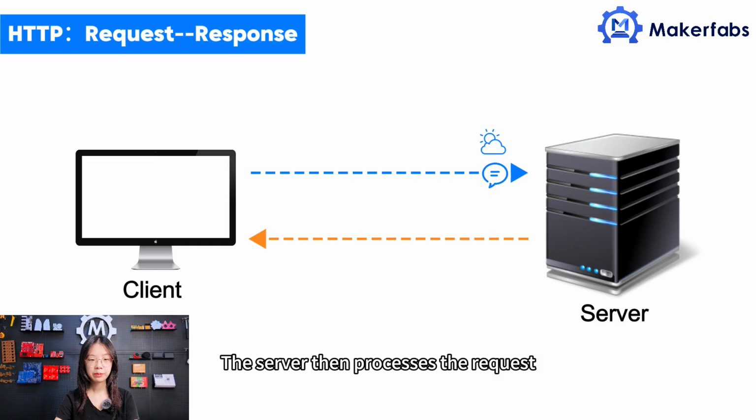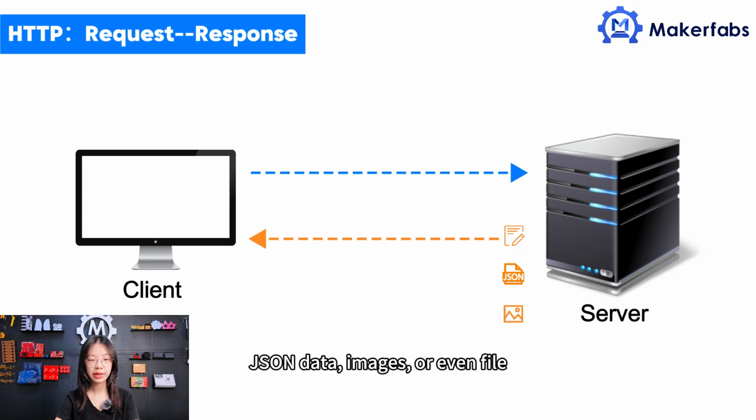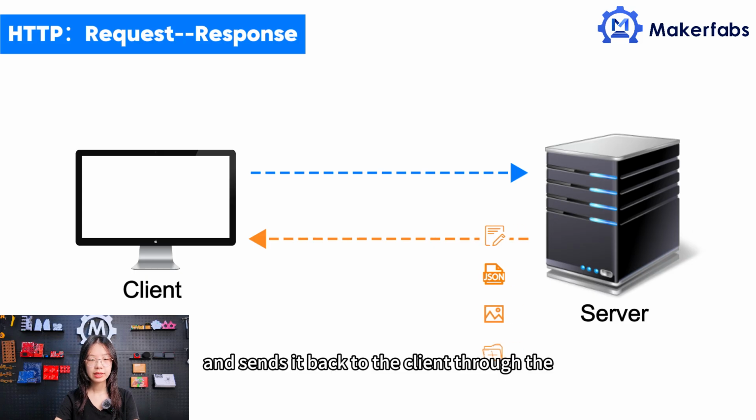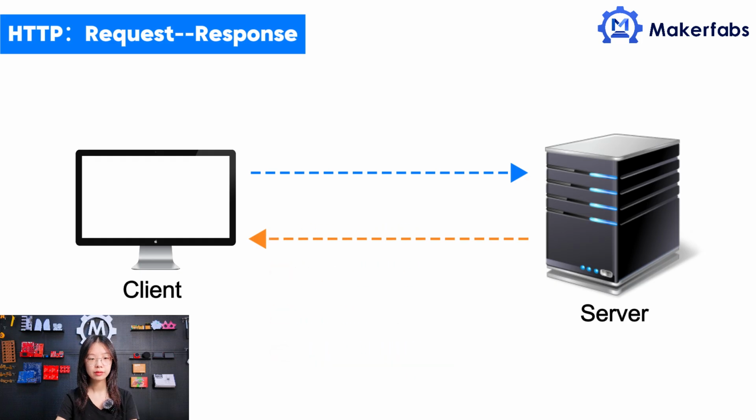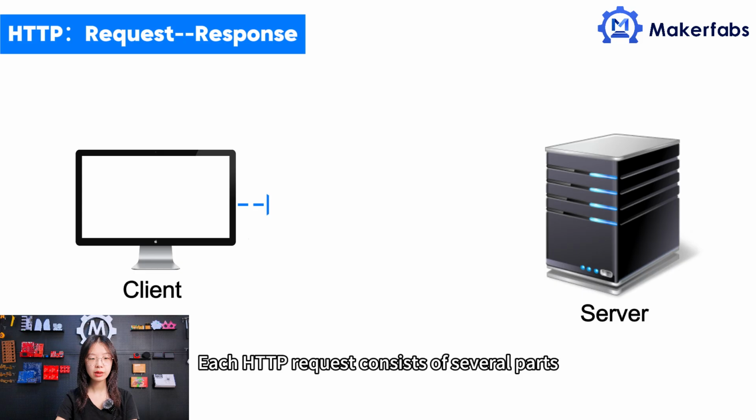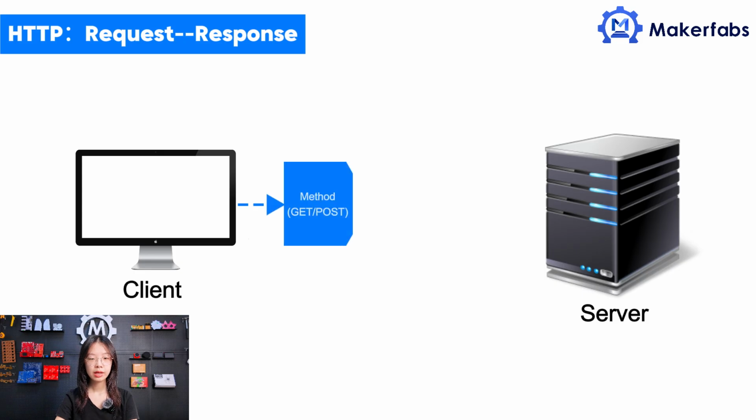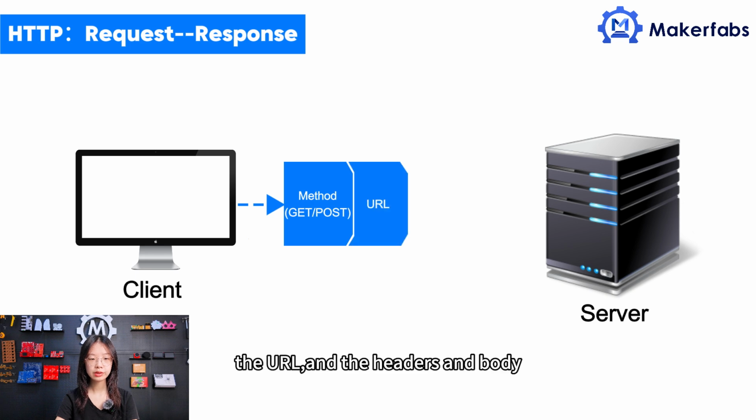The server then processes the request and generates a response, which may include text, JSON data, images, or even files, and sends it back to the client through the same connection. Each HTTP request consists of several parts: the method, such as GET or POST, the URL, and the headers and body.